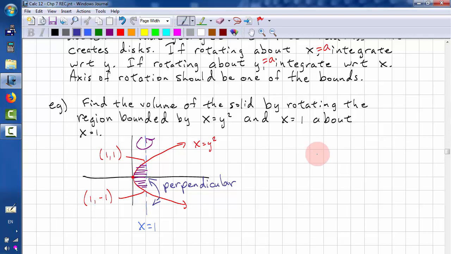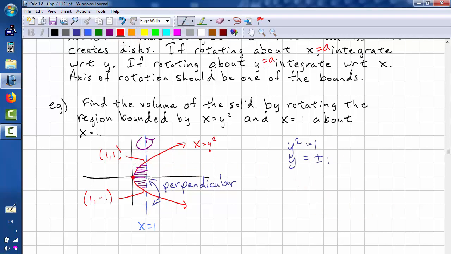Okay, so we need to solve for our limits of integration. So we have x equals y squared and x equals 1, so we have y squared equals 1, so y equals plus or minus 1. And that works out to these limits of integration.